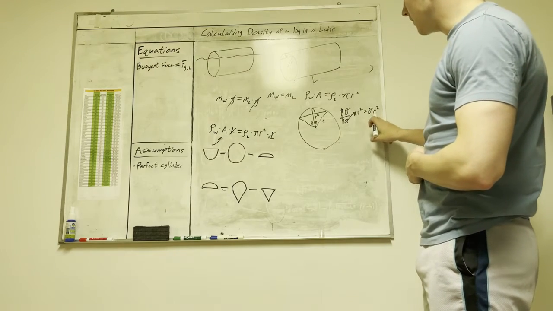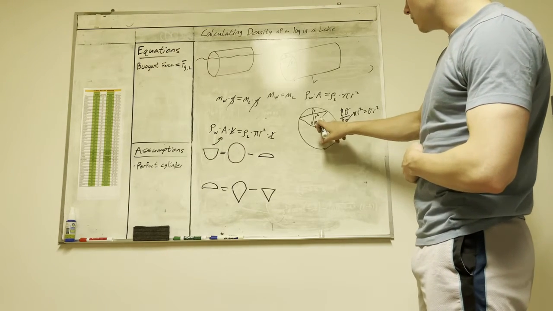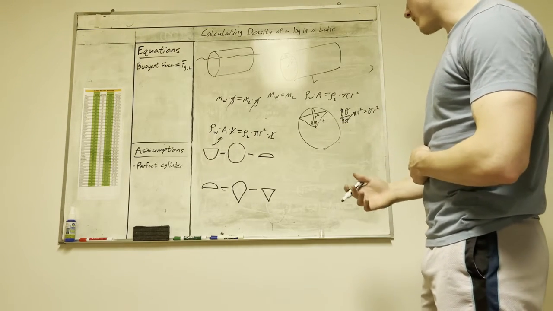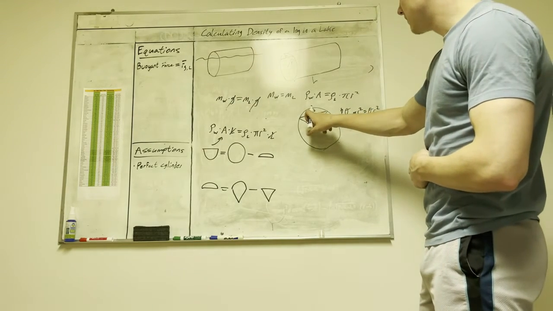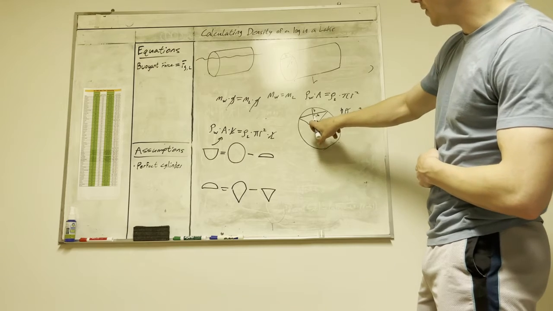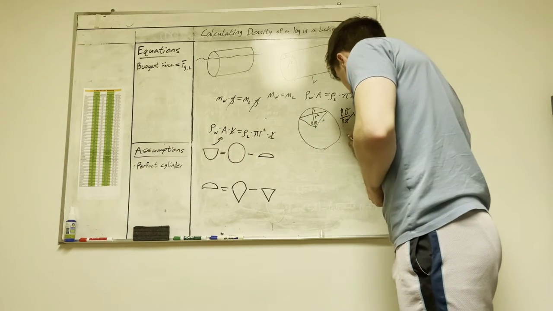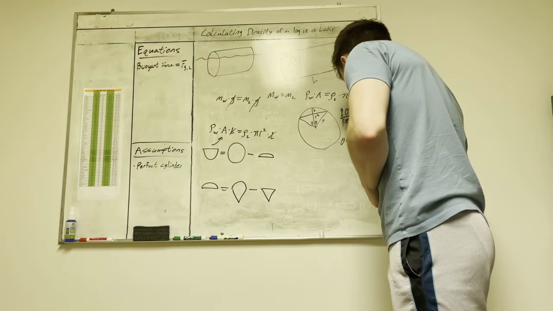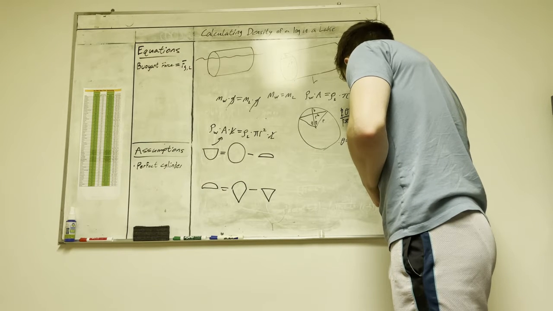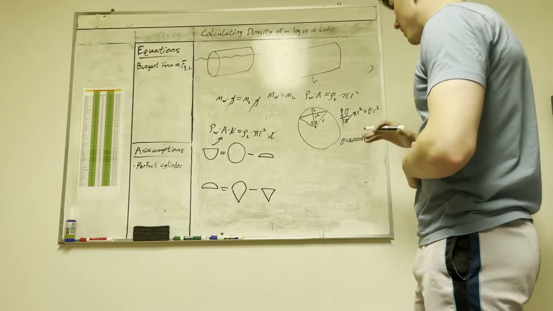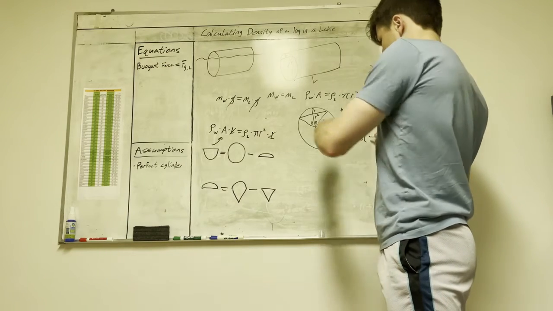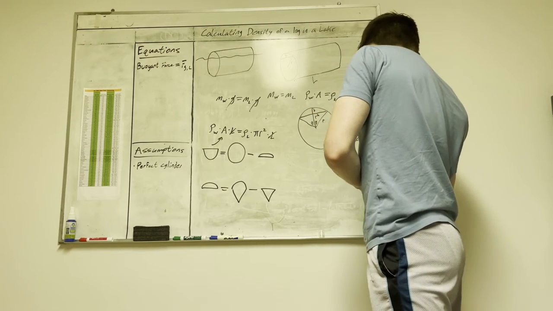But we don't know what theta is, though through trigonometric rules, we can figure that out. We are given an adjacent and a hypotenuse relative to this angle theta. So theta is going to equal inverse cosine, or arc cosine, of the adjacent over the hypotenuse, which is r minus h over r.